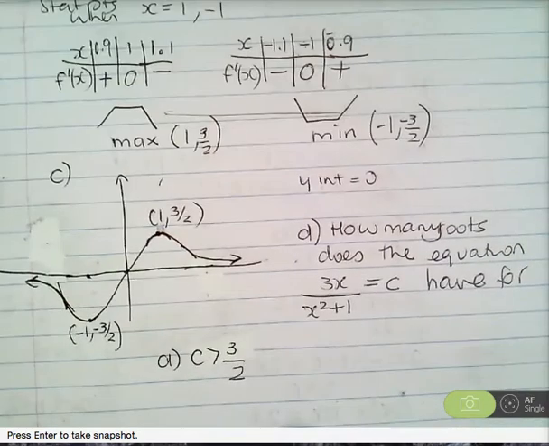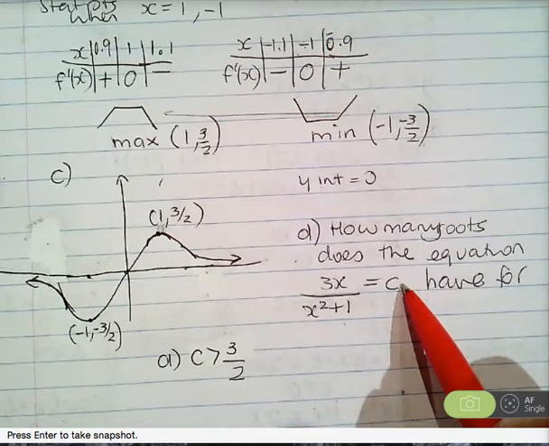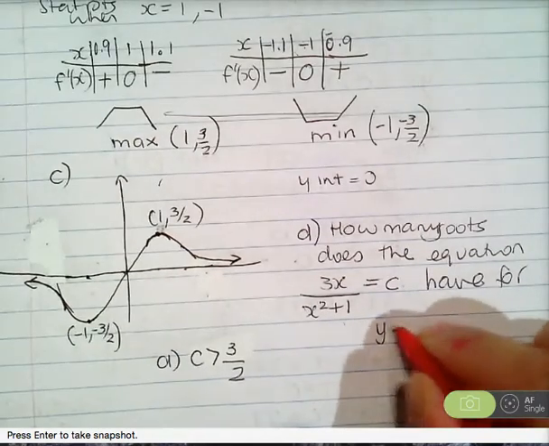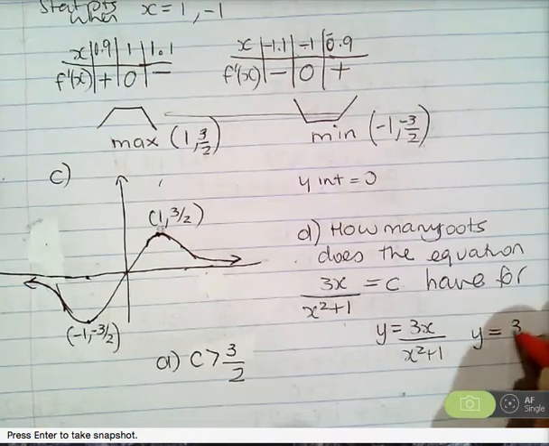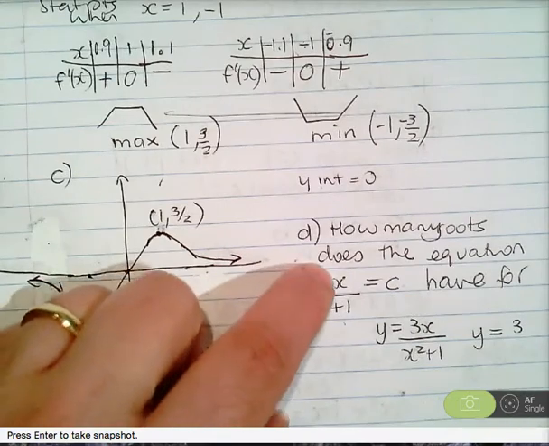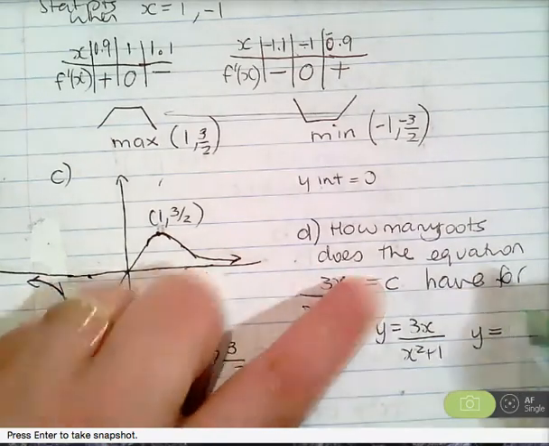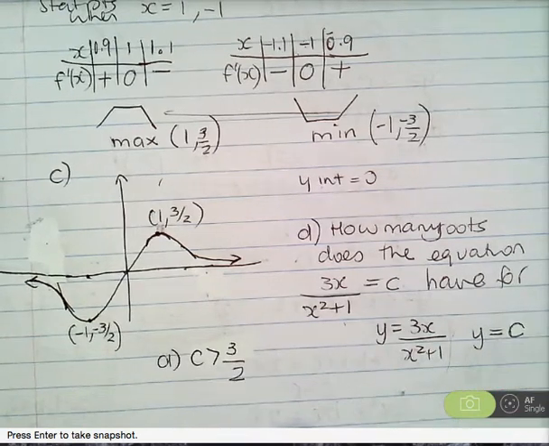Now, when you've got 3x over x squared plus 1 equals c, it's like you've got the graph y equals 3x over x squared plus 1 and you're drawing the graph y equals c. So when you've got something like this, you can solve it simultaneously by sketching that and sketching y equals c.